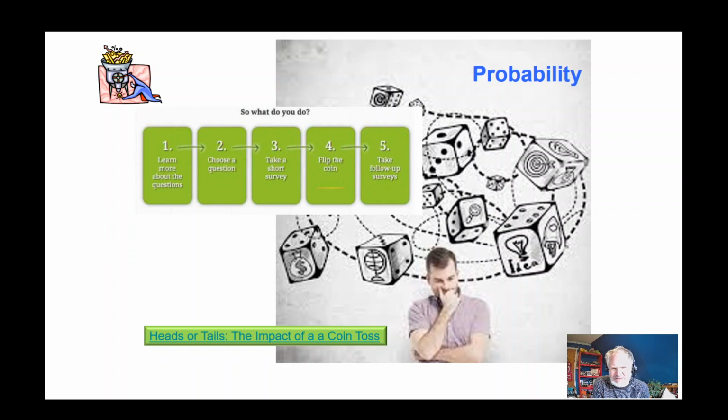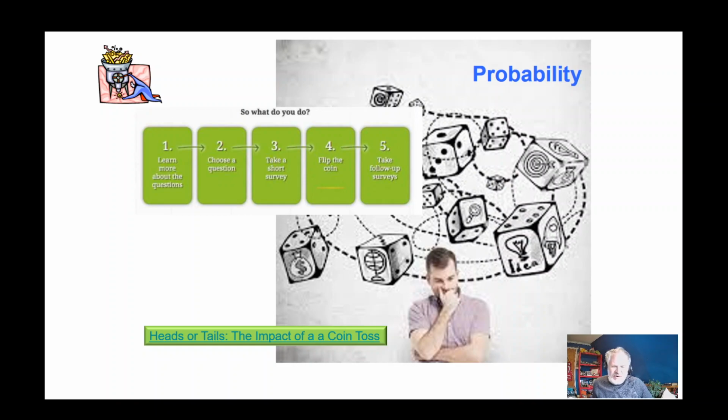You call it tails, and they flip the coin, and it comes up tails. And based on that, the recommendation is to make the change. And then they followed up with people 2 and 6 months after to see if they took the advice of the coin.